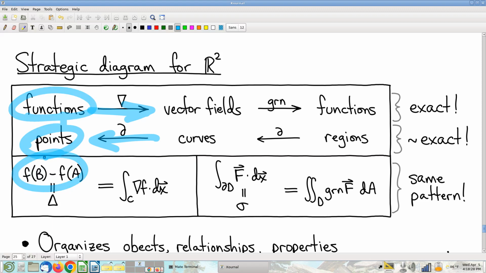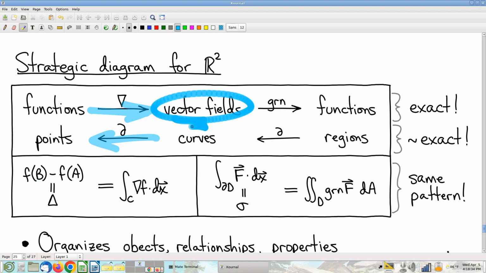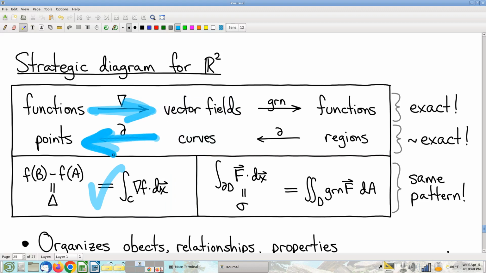That gives us f of b minus f of a. On the right side, we're taking the gradient vector field and doing a line integral over the given curve. And altogether, what it's saying is that when you push to the right on the operators, and push to the left on boundaries, you get the same thing on either side. Okay, whatever. That's just how the arrows play out.